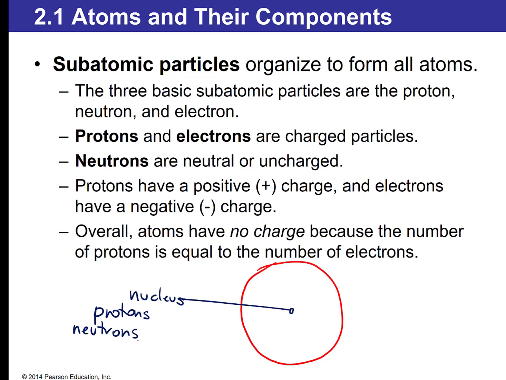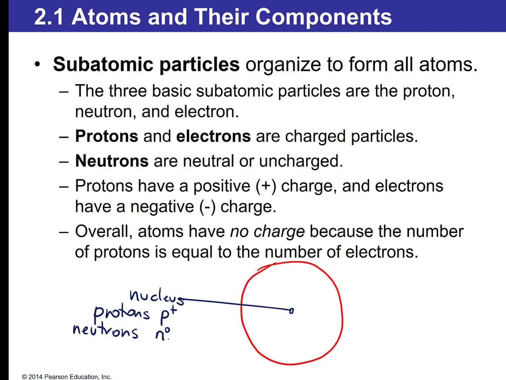Protons and neutrons are almost identical because they have the same mass. But they differ because protons have a positive charge. Oftentimes you'll see them drawn as a P with a little plus. Neutrons are neutral, so you'll see them written as an N with a little 0, like no charge.